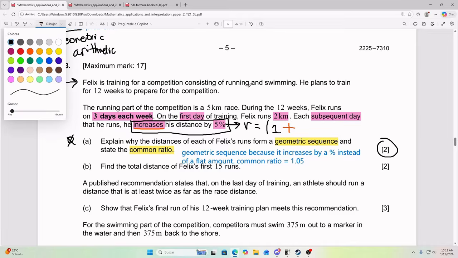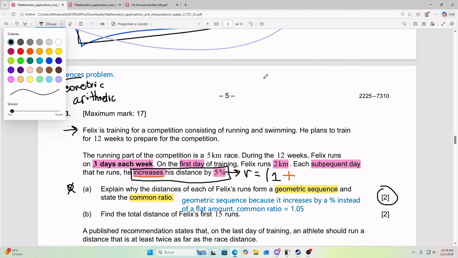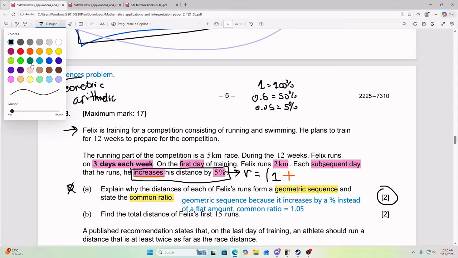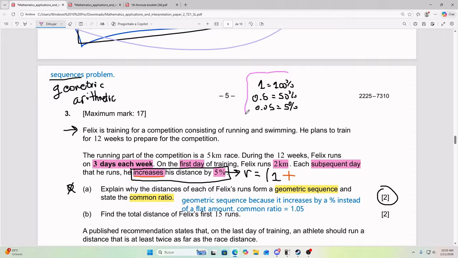And how do you express 5% as a decimal? Remember that 1 is 100%, that 0.5 is 50%, so that means that 0.05 is 5%. For converting from percentage to decimal and decimal to percent, technically you're just multiplying or dividing by 100, but intuitively, I'd rather remember these three cases and you can figure anything out.